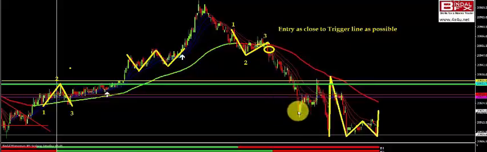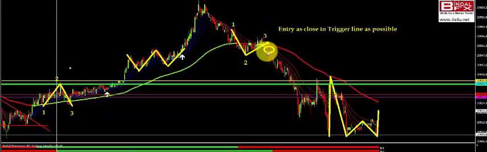I mean, here it is short, but can you enter? Yes, you can, but will it be a low risk, high probability? No, it won't. A low risk, high probability trade is when the entry is as close to the trigger line as possible. So see, when my entry is here, my stop's just going to be above the 0.3, just above the trigger line.